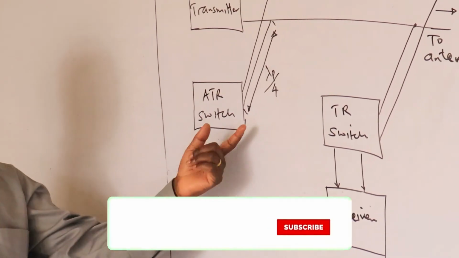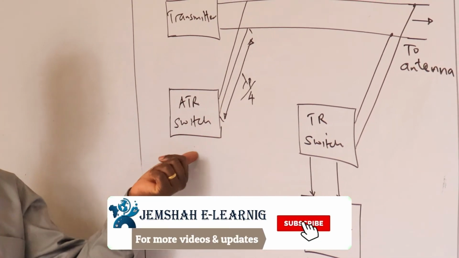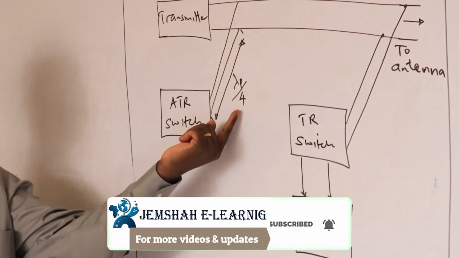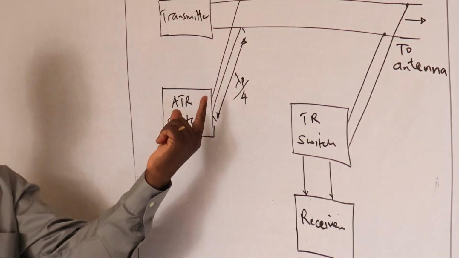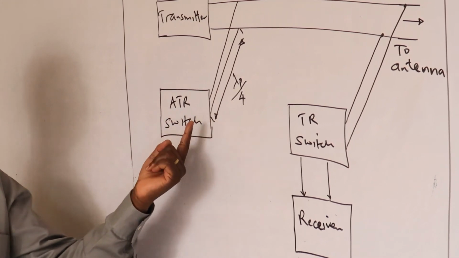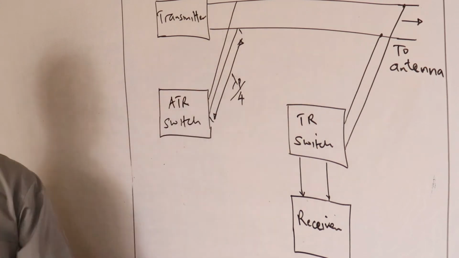Because of that, we also have the ATR switch. You are able to connect the transmitter because the ATR switch is able to create an open circuit path so that the signal is able to move forward to the antenna.